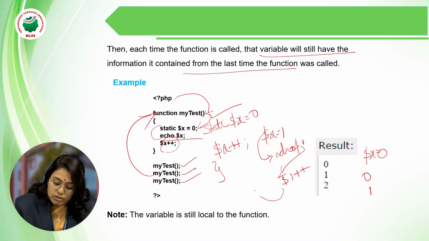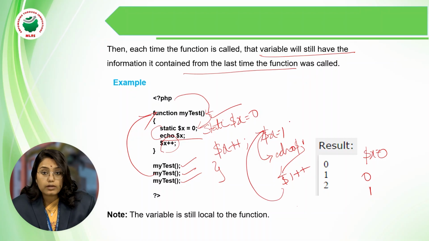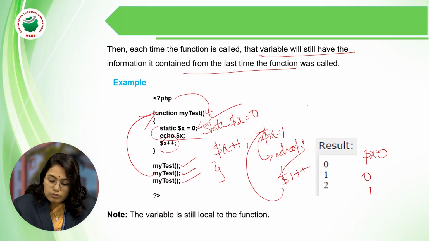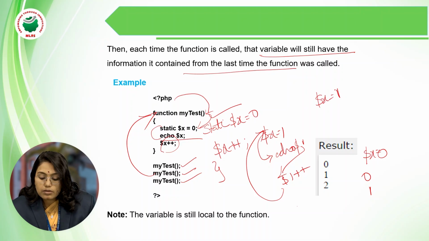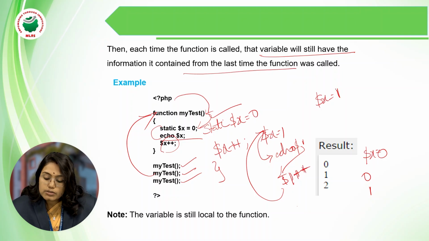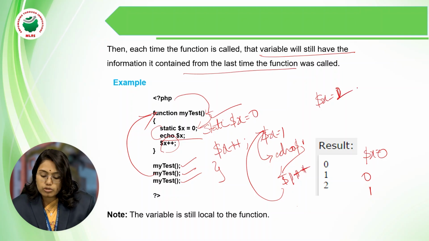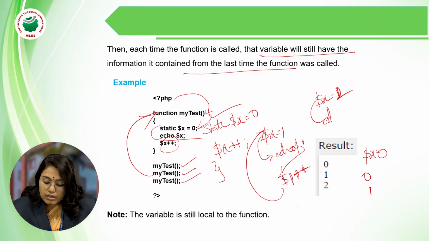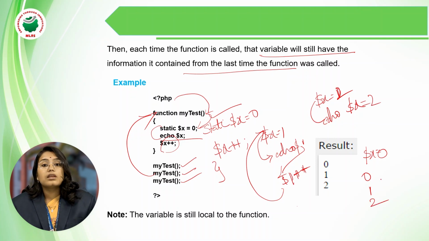Then again the function is called and goes back to the call. Now the $x value is equal to 1. After that it increments by 1, so now the $x value will become 2. Then the echo statement prints $x equal to 2.